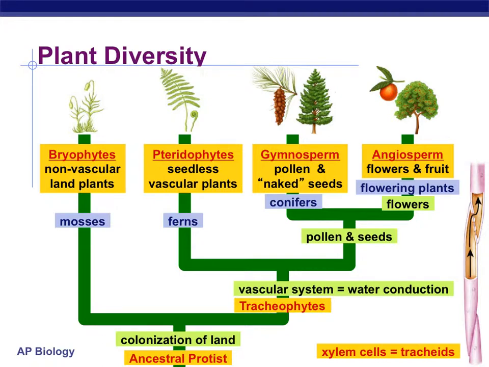However, you look at the evolutionary trends here, and you look at the development and really the specialization and adaptations of plants as you get a little bit more complex, from non-vascular plants to vascular systems, and then whether they are seedless or whether their seeds are what are called naked seeds, or we get into flowering plants and fruiting plants, where complexity is going to really increase as you go up that evolutionary trail.